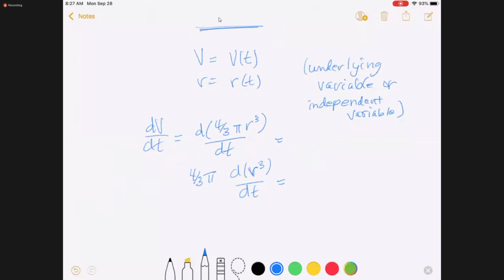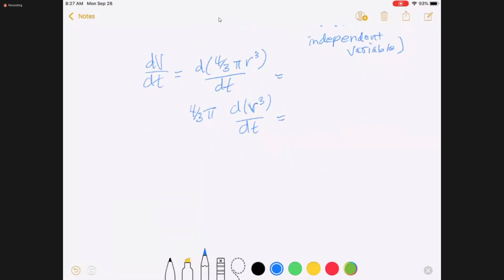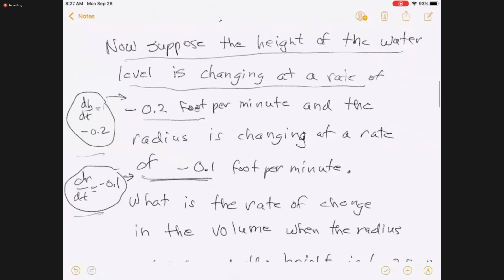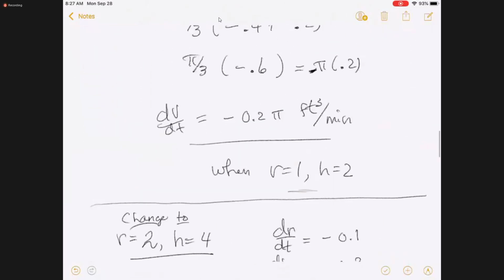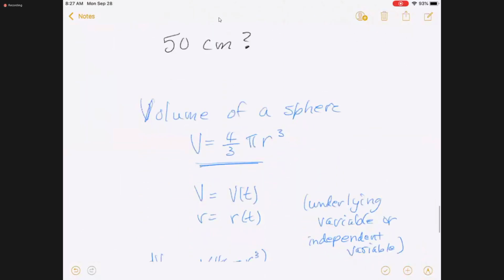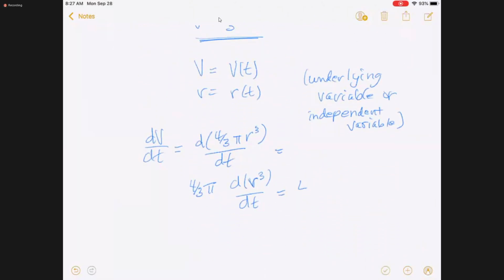Well, r cubed, that's a function cubed, not just a plain old independent variable. It's a whole function that's cubed. And that means I have to use the chain rule. This is equal to 4/3 pi times 3r squared dr/dt. Inside function is r, outside function is the cubing function.